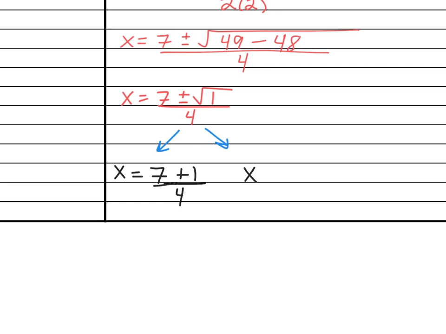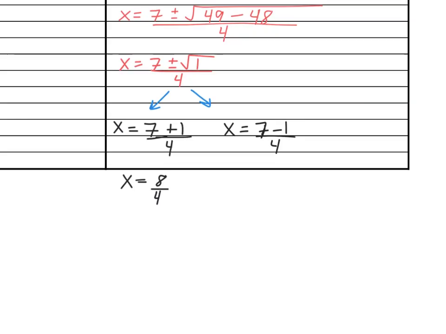And then x equals 7 minus 1 over 4, because the square root of 1 is 1. Okay? So on the left, you'll get 8 divided by 4. So my answer is 2.